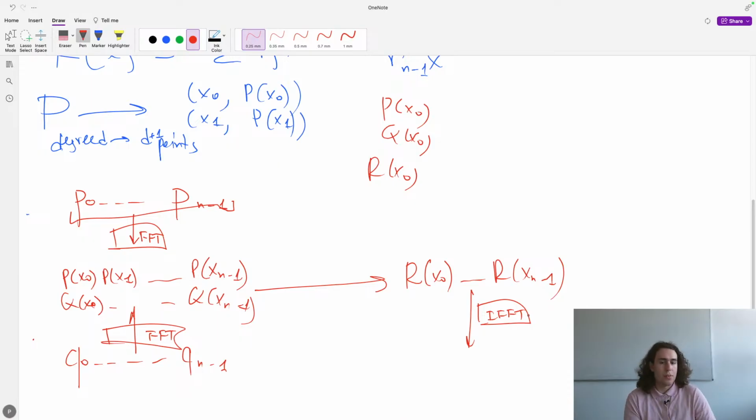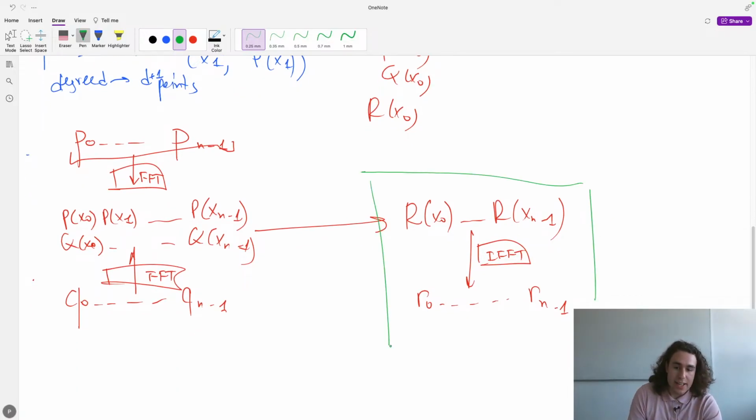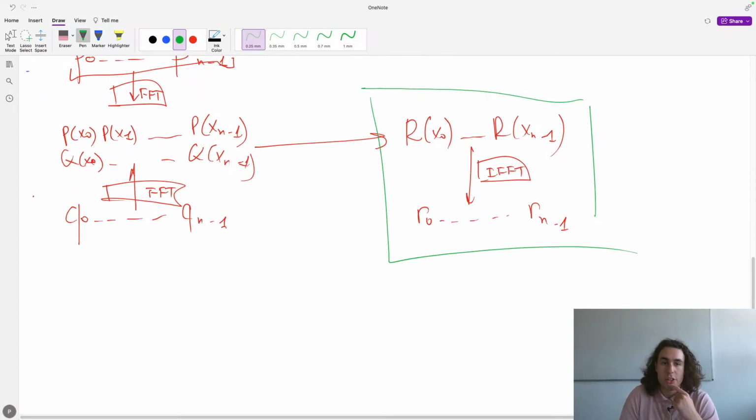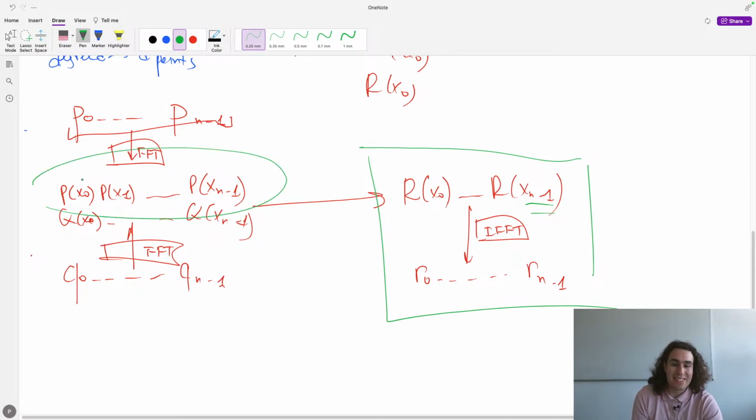Given the values at points, we're going to get the coefficients of R, R0 up to R(n-1). And notice that we should be able to reconstruct it at the end, so the size of R should be at most n, so that we have enough points. But we should use the same points everywhere, right?